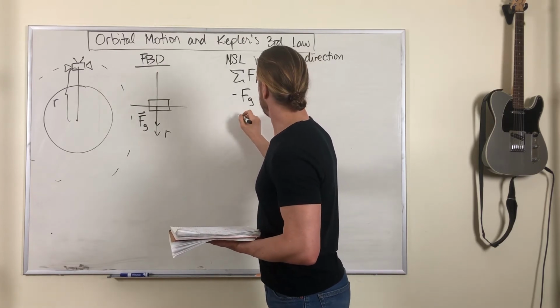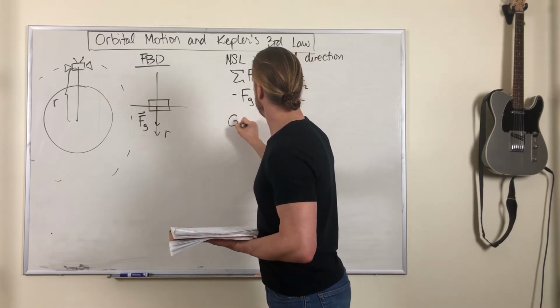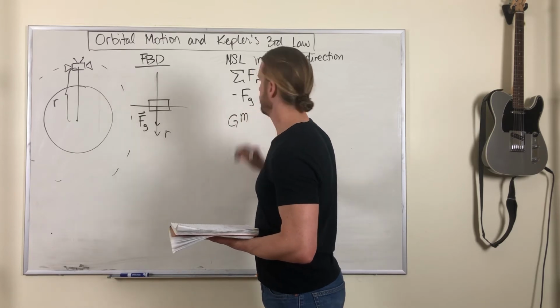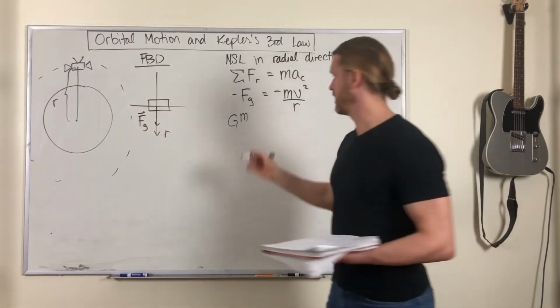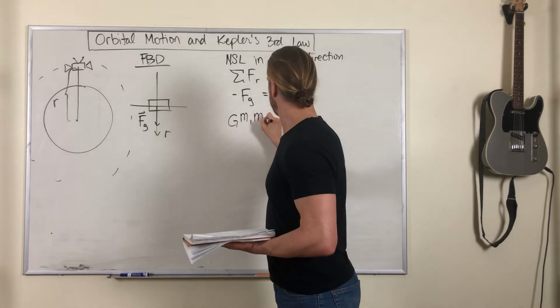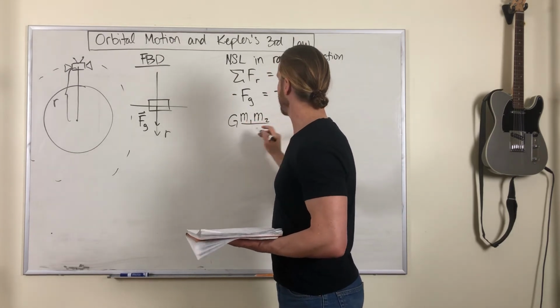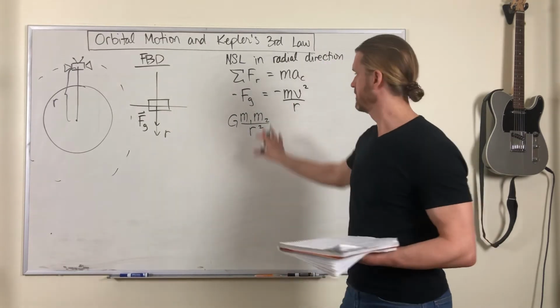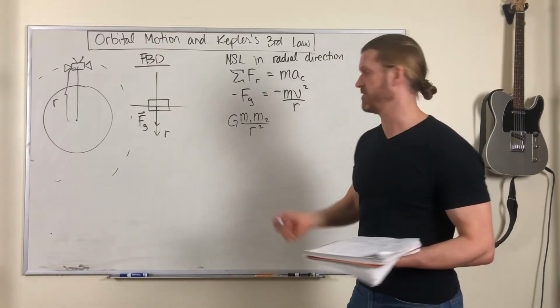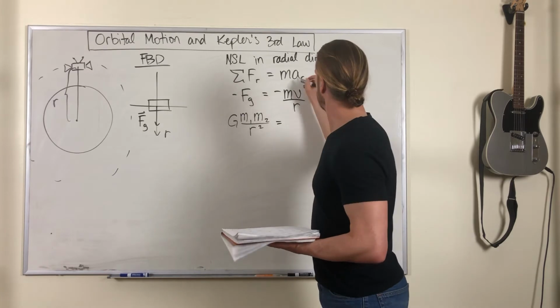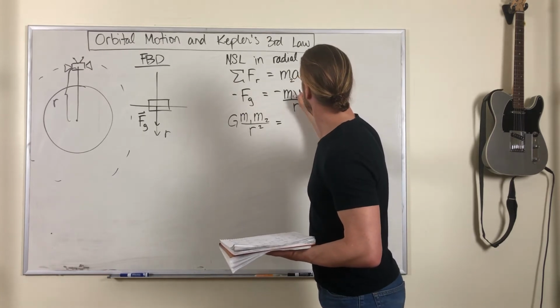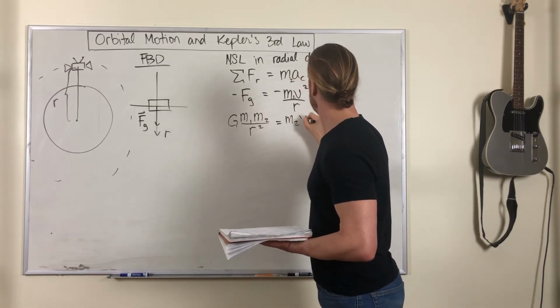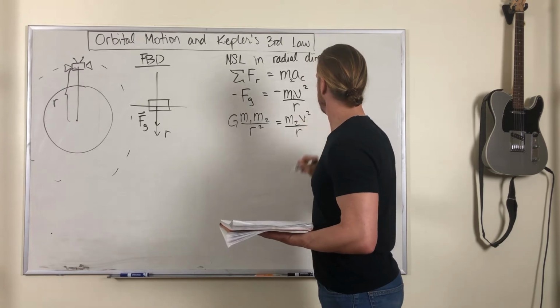So we have an expression now, G times mass of object 1, which is the Earth, times mass of object 2, which is the satellite, divided by the distance between them squared. That's just the expression for gravity force, equals m2 v squared over r.